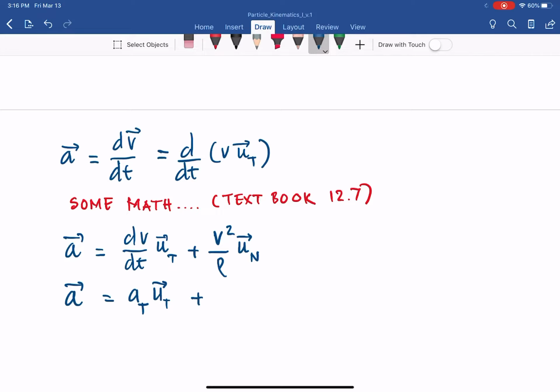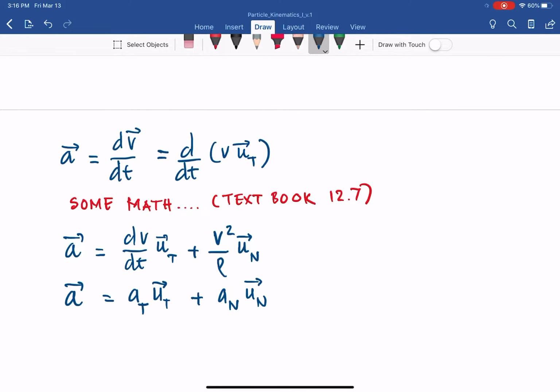Then v squared over rho, I call that the normal component, and then you have un. So let me show what un and an are in the graph that we have here.